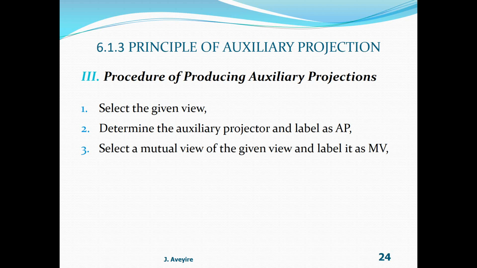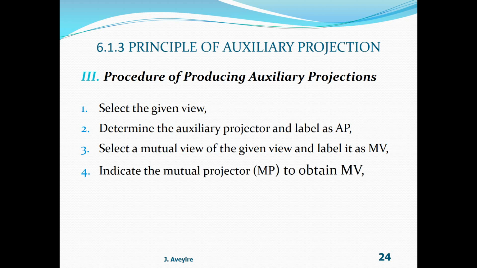Select a mutual view of the given view in the first step and label that view as mutual view MV. Indicate the mutual projector MP required to obtain the mutual view.